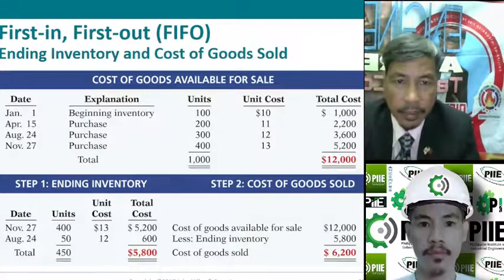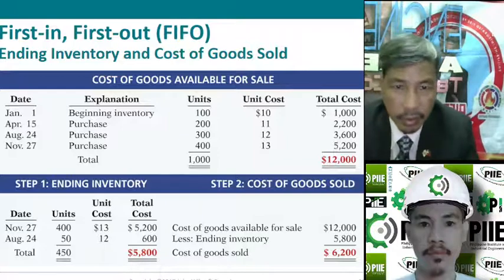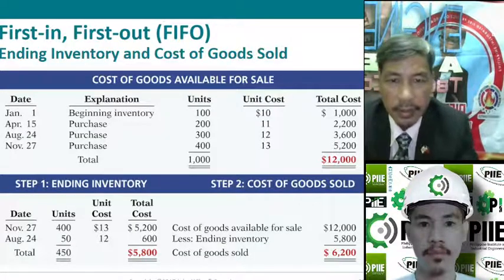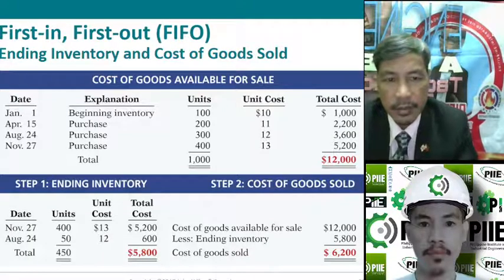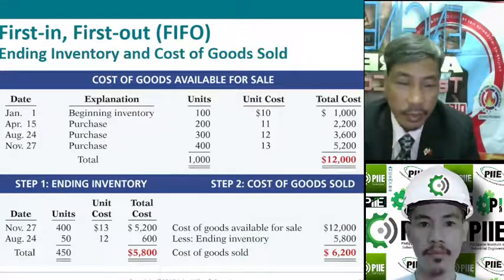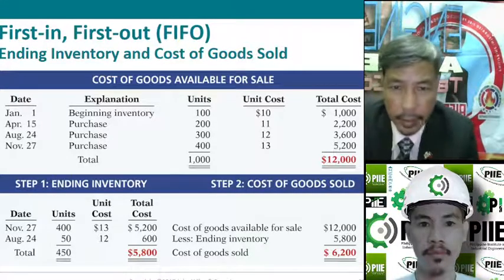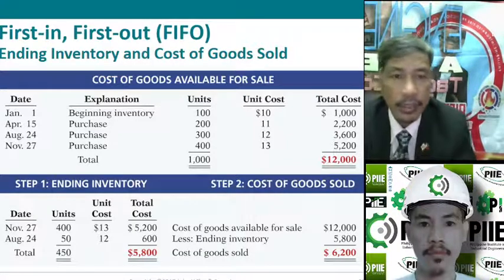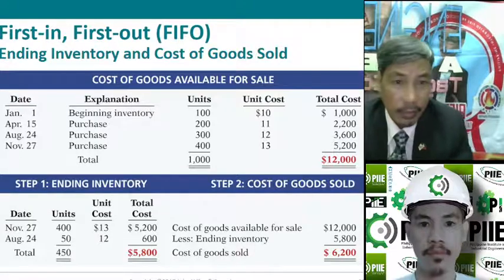So FIFO in the inventory and cost of goods sold. So we have purchases and then inventory. Step 1. Step 2, cost of goods sold. You can compute it depending upon how many were sold. Okay. We have number of units.